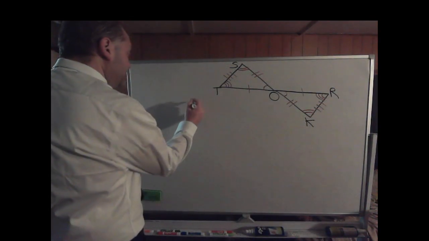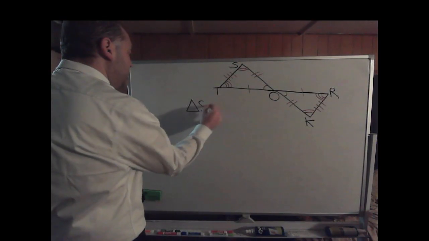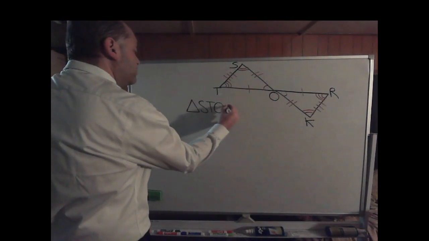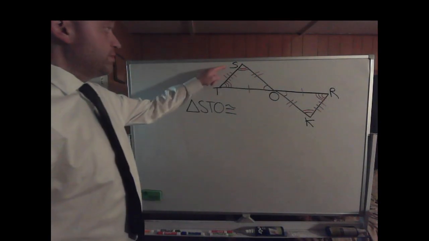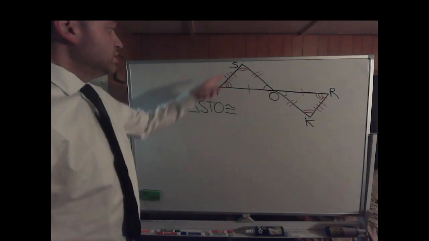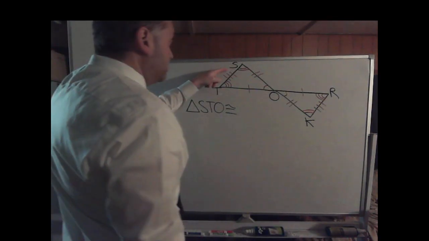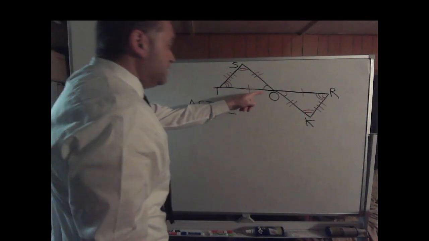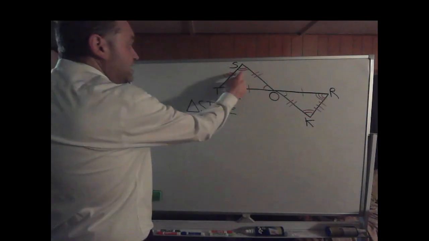So based on this, triangle STO is congruent to what? If we go in order from this first triangle, triangle STO, look at your congruency markers. It starts with the 2 congruency markers, then 3, then 1 for your angles. You can pick your sides or your angles. I'm looking at the angles.